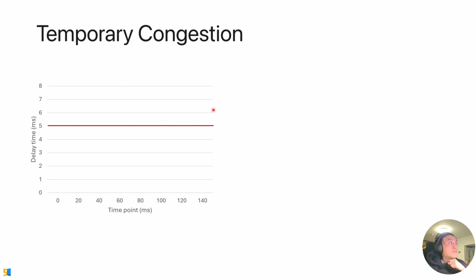Alright, so if the router has temporary congestion, like this, at time point 20, the delay time is greater than the threshold, the target of 5 milliseconds, but it's temporary, because after that it's going down.